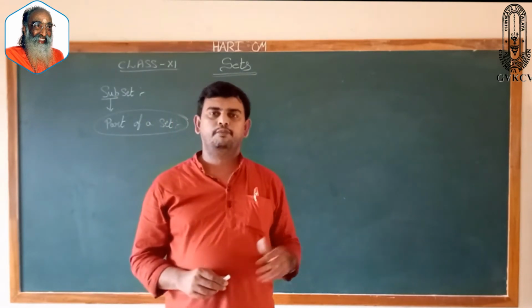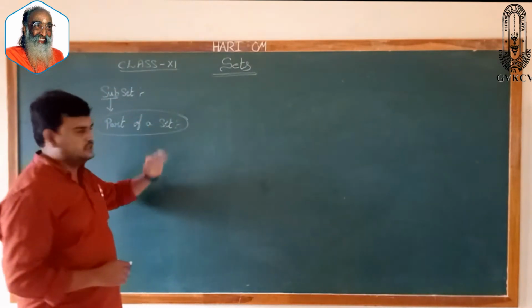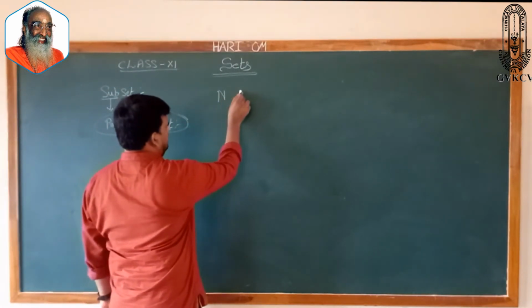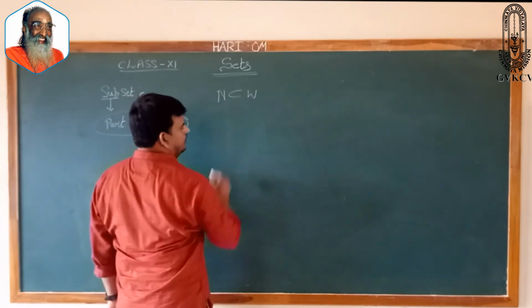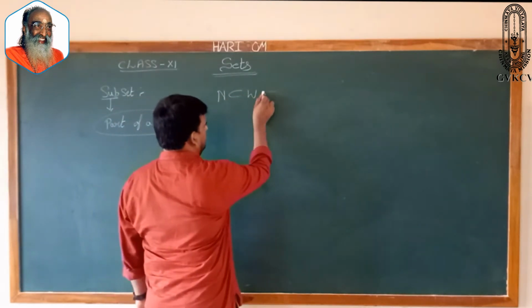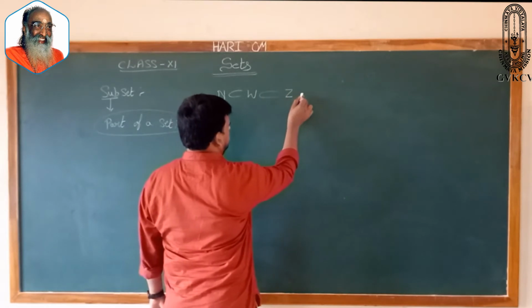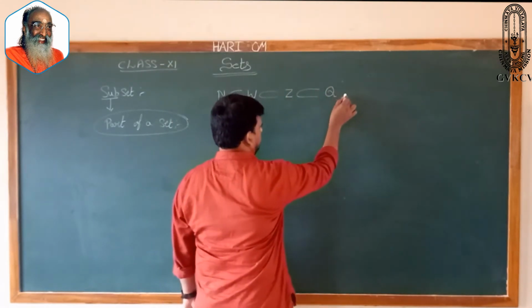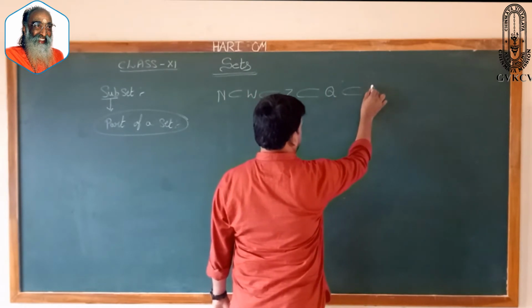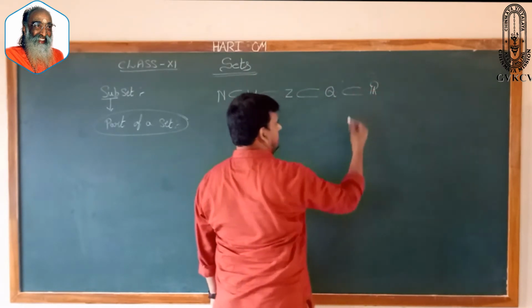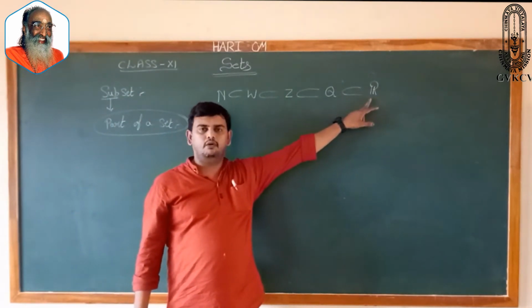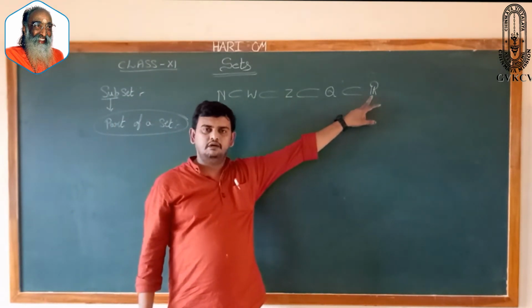These are all nothing but subparts of a school. Similarly, as I told you, all natural numbers are a subset of whole numbers. All whole numbers are a subset of integers. All integers are a subset of rational numbers. All rational numbers are a subset of real numbers. So the biggest number system which we have is real numbers.